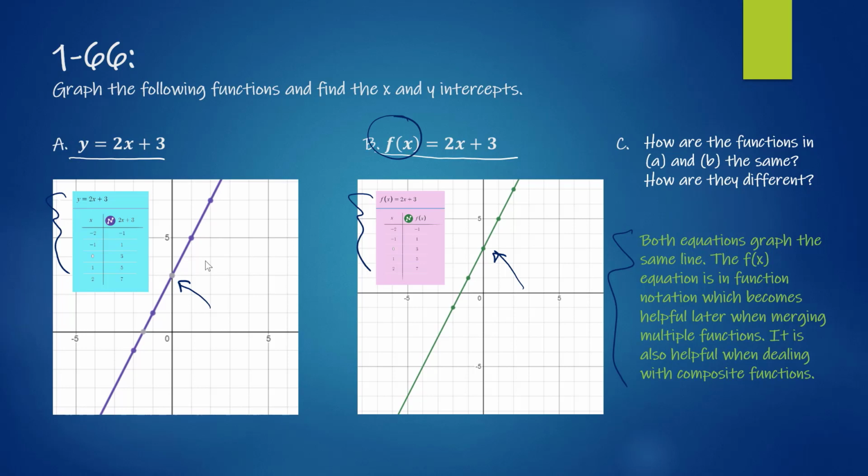It is also helpful when dealing with composite functions. And also, if you're using Desmos and you want to put in 3 different lines, putting y equals can be confusing because, even though it'll have different colors, they're not all going to equal y. They're 3 different equations. So just using function notation is a good habit to get into, especially in Algebra 2.